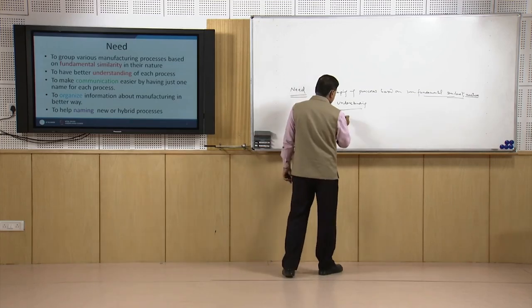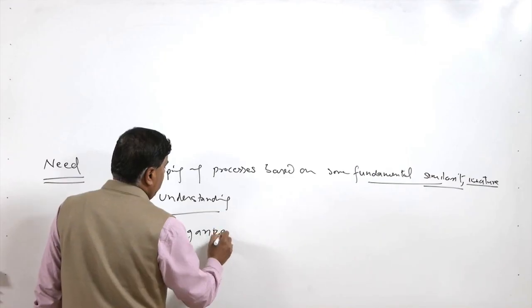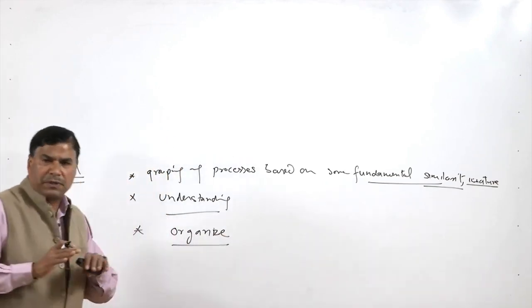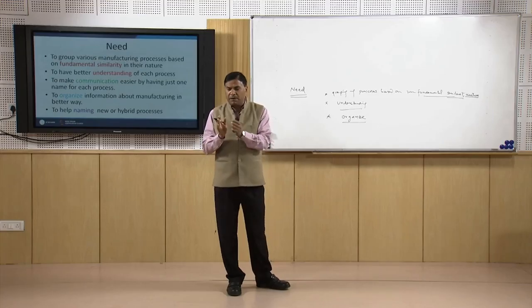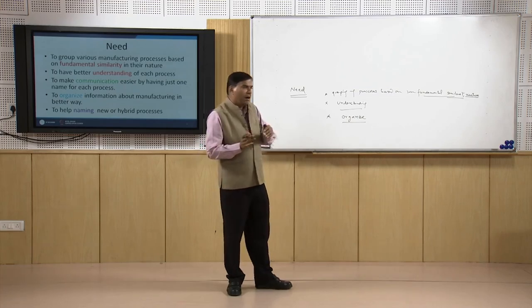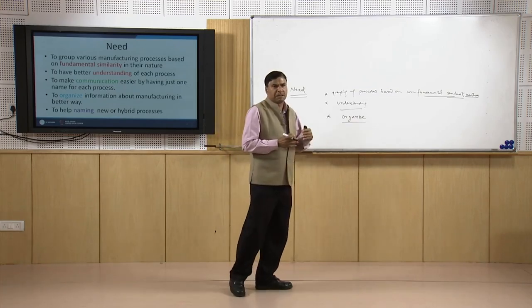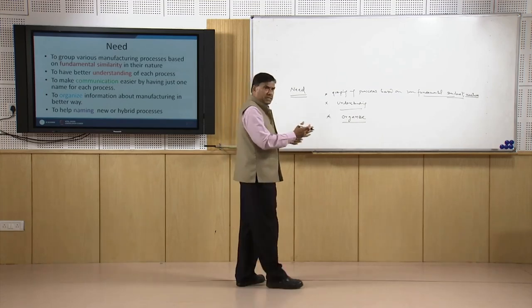Further, it helps to organize the processes in a better way. Since the processes are very large in number, they can be grouped on the basis of their similarity of certain features, and that in turn helps us in grouping, communicating, and classifying the processes in a better way.